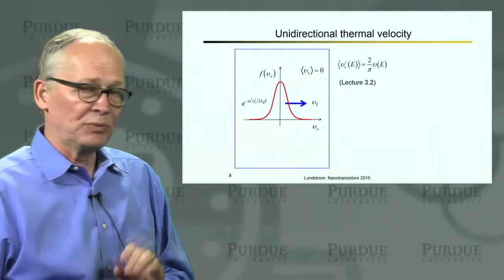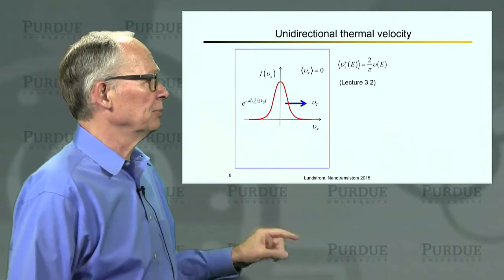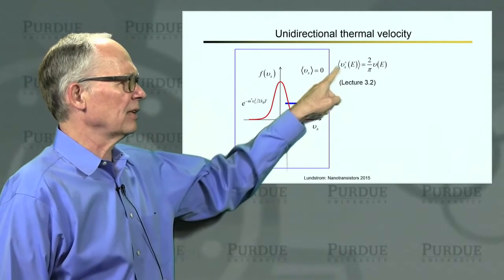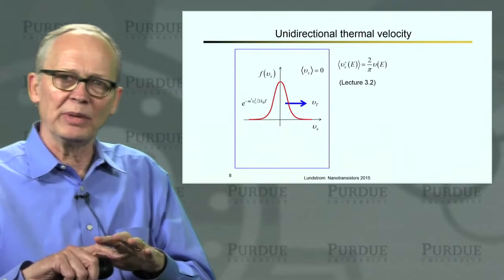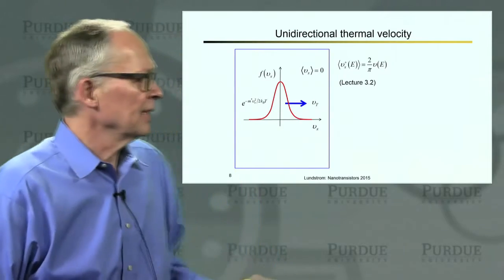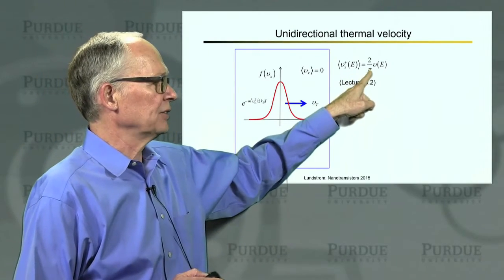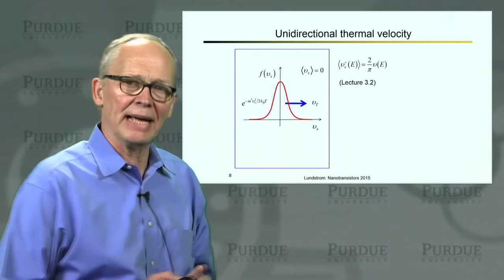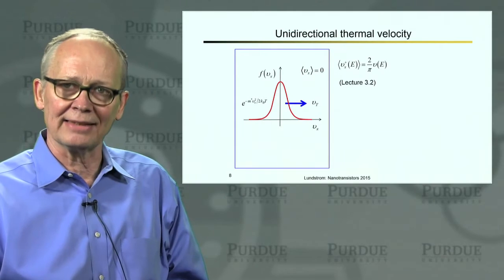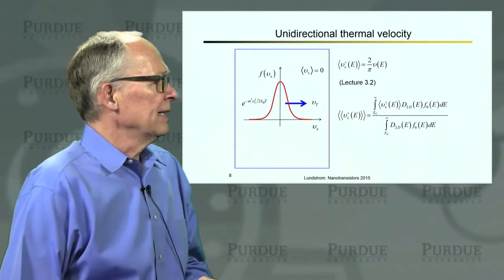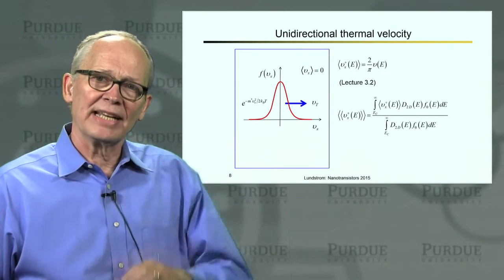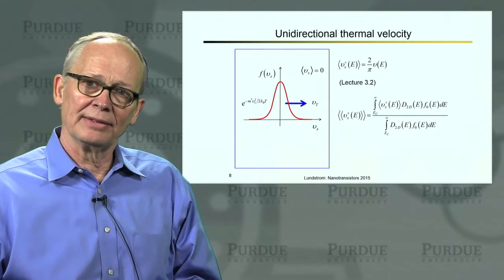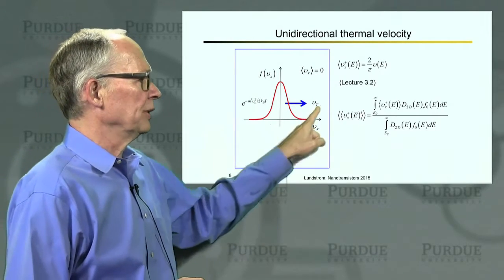Now we've seen, if we want to compute this, this is how we would compute it. At any particular energy, we've seen that when we average over angles, the average velocity in the x direction at some particular energy is 2 over pi times the magnitude of the velocity at that energy. Now, if I want to average over all of the energy states in the conduction band that are occupied, I should do it this way.